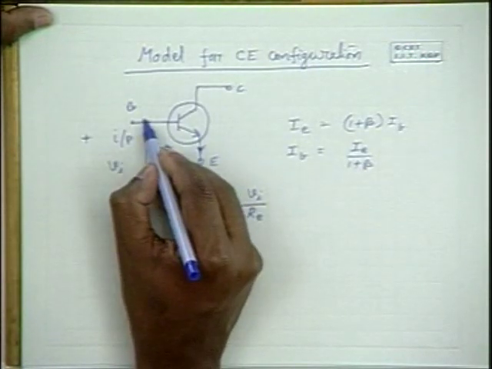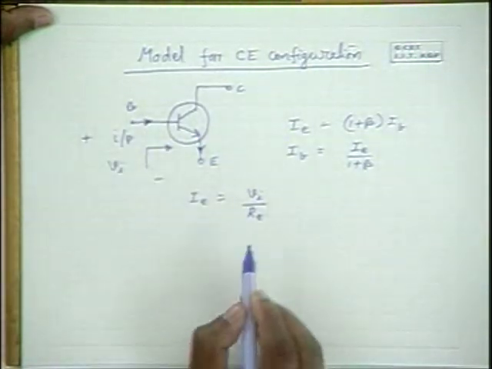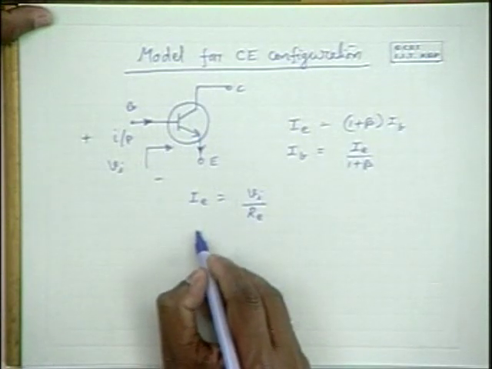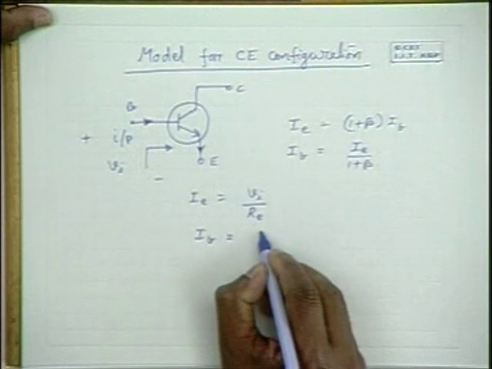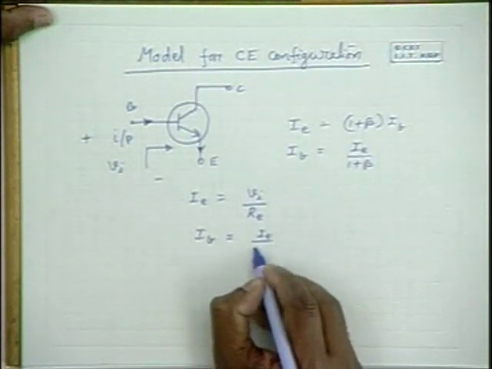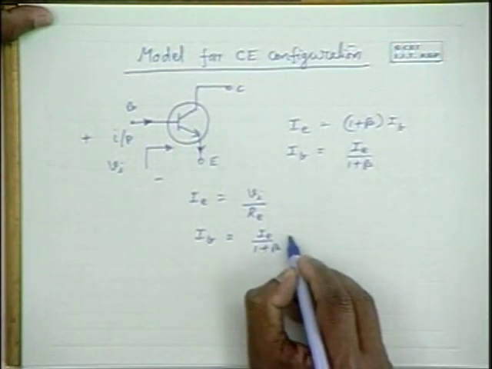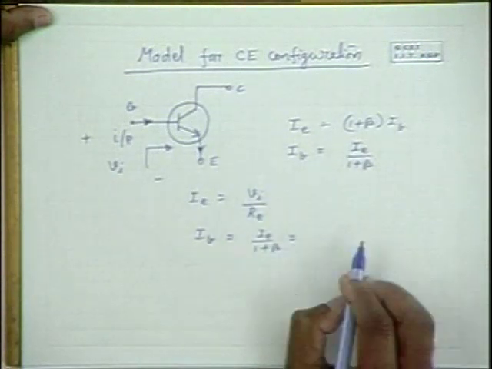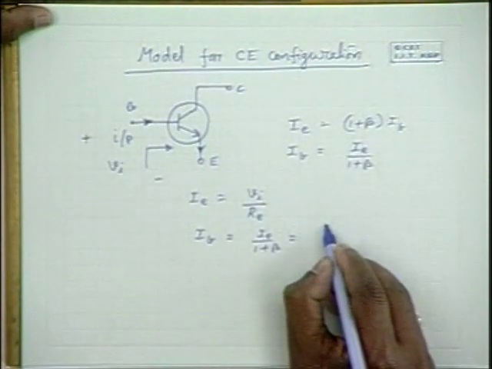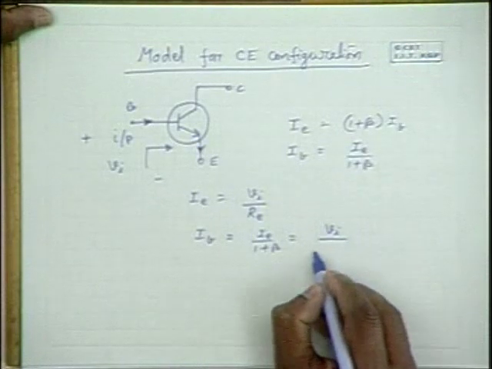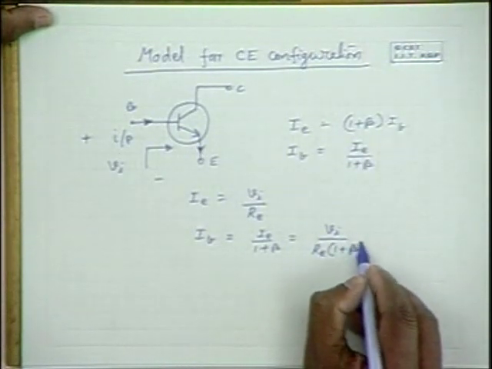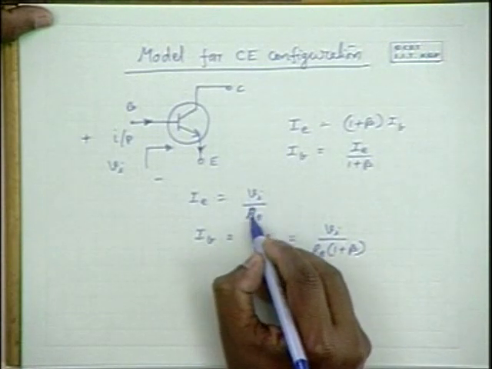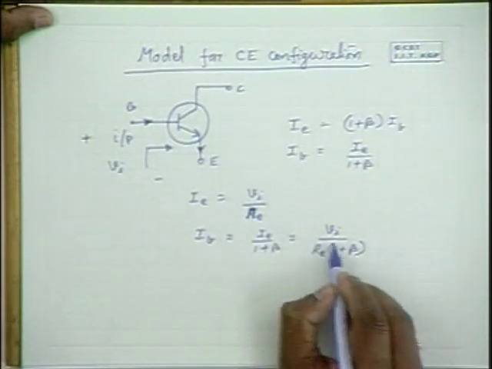That means from the input source, how much current is drawn? The current that is drawn from the input source is IE by 1 plus beta, and the same thing can be expressed in terms of Vi. So that is Vi by Re into 1 plus beta. So let me use the small r as the symbol.